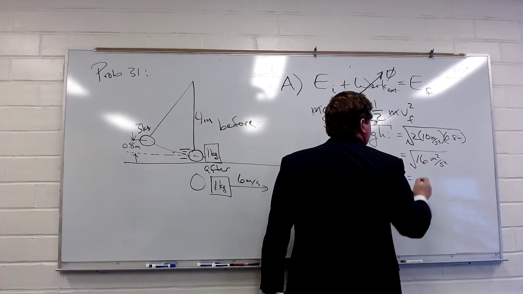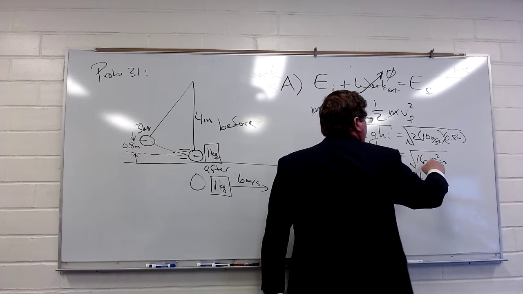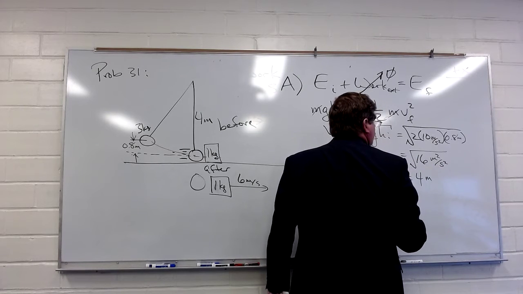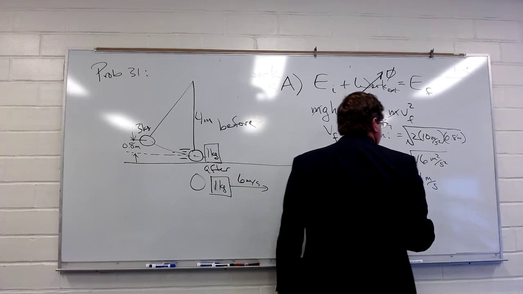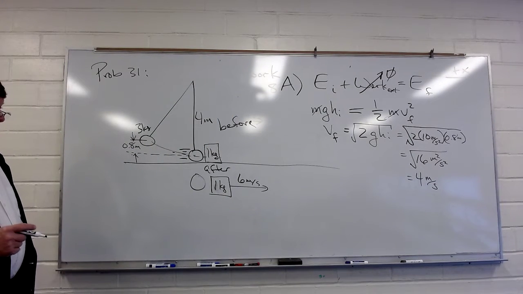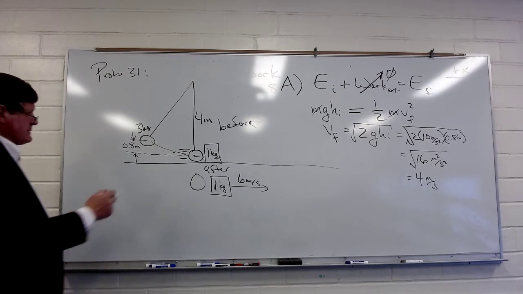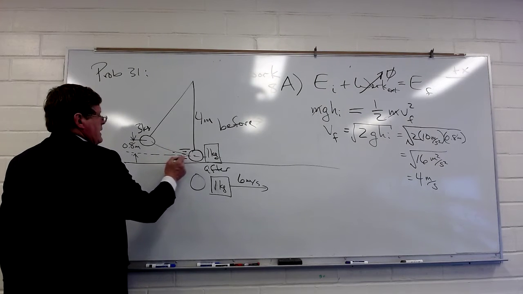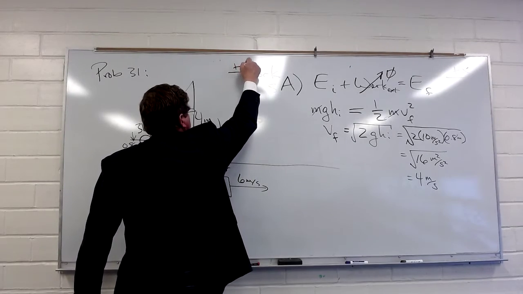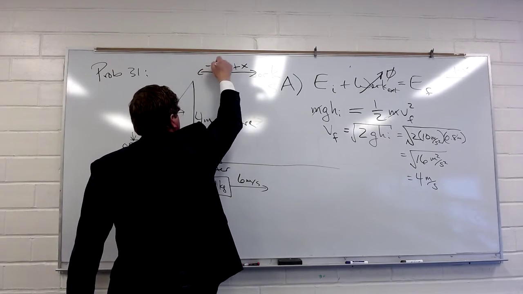Well, the square root of 16 is 4, and the square root of meters squared is meters, and the square root of 1 over second squared is 1 over second. So I get 4 meters per second. Now, that's how fast it's going, and I put a positive because it's going to the right. I'm going to call to the right the positive x direction.